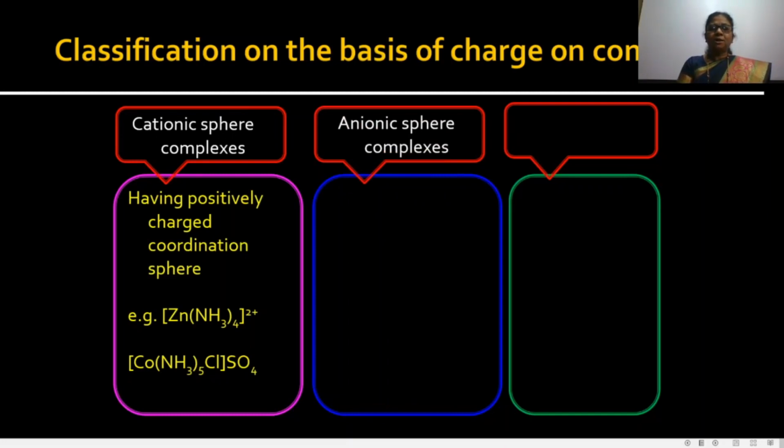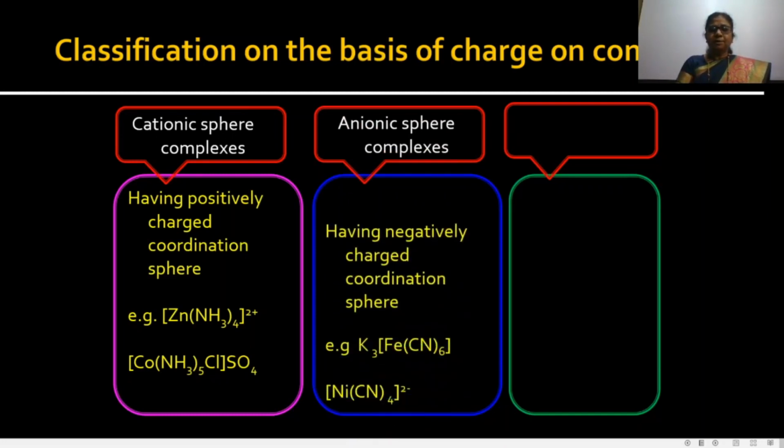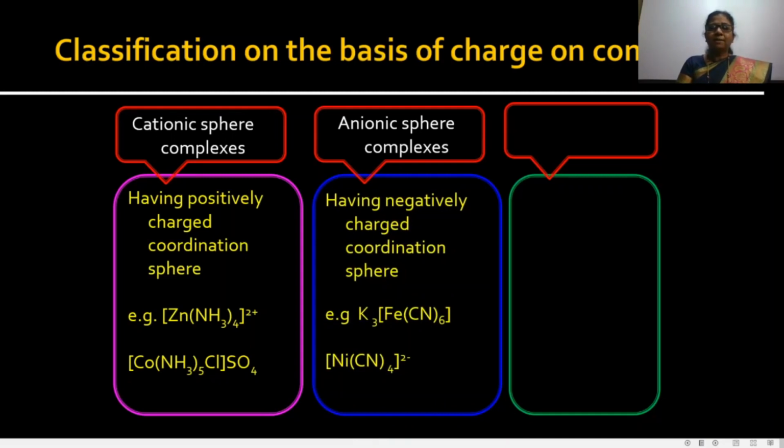Then anionic sphere complexes. These anionic sphere complexes have a negatively charged coordination sphere. In this example, K3[Fe(CN)6]. This is the coordination sphere enclosed in this square bracket we studied. This sphere has a negative charge because the counter ion K has a positive charge, and this coordination sphere has a negative charge, because this coordination compound on dissociation gives two ions, complex ion and counter ion.